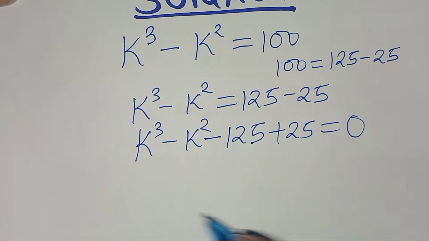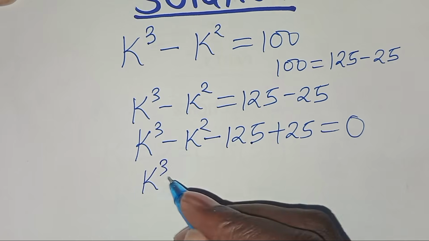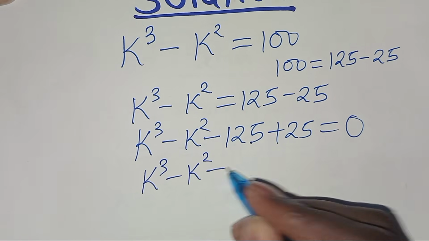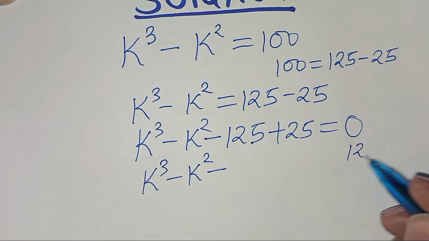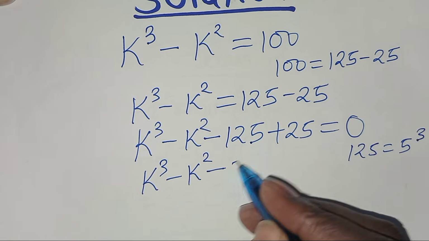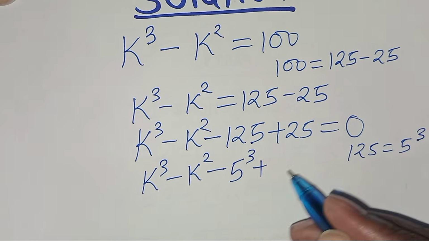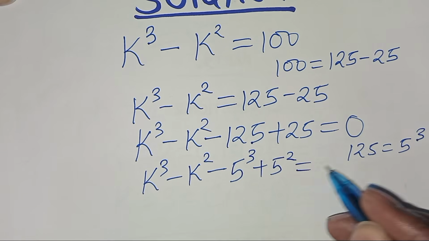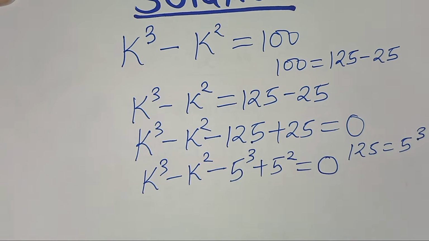Now 125 can be expressed as 5 to power 3, so this is 5 to power 3 plus 5 to power 2, this is equal to 0.